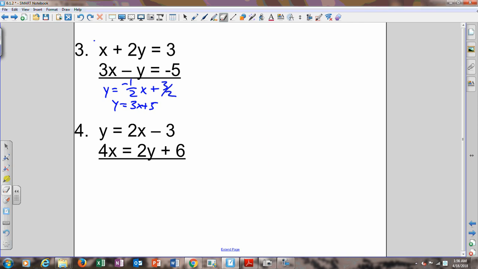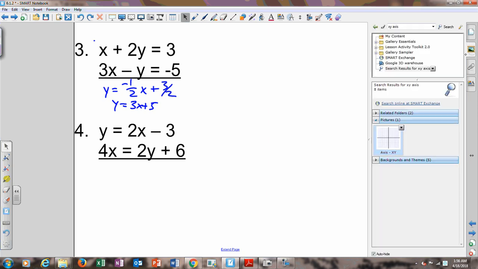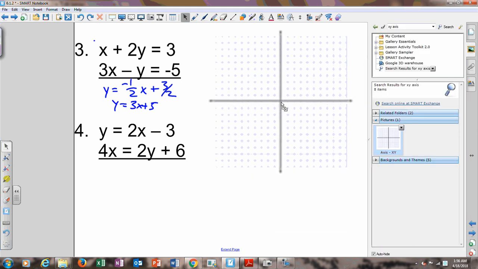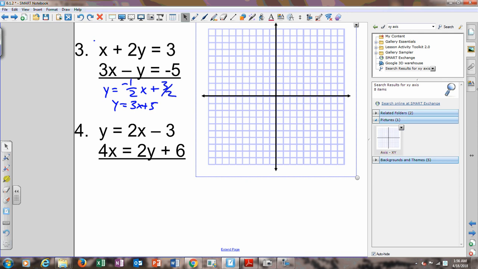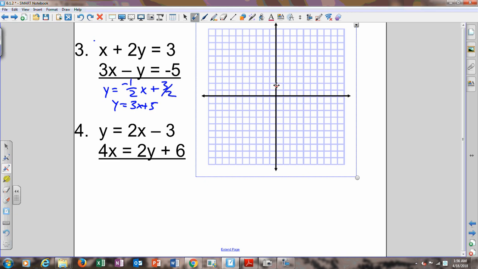Now I can graph them. Probably going to end up ugly. So go up to 3/2, which is really just 1.5. Make a dot. And you go down 1, right 2, down 1, right 2.